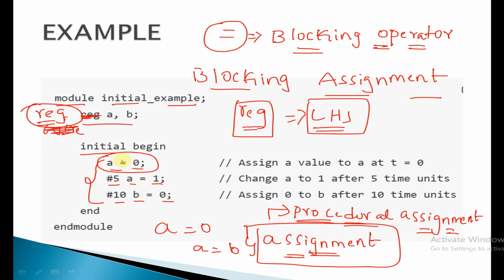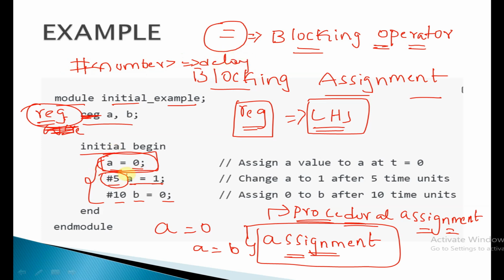Now, here we are assigning a is equal to 0, and we are using #5 a is equal to 1. Here, the hash symbol followed by some number is used to insert a delay.